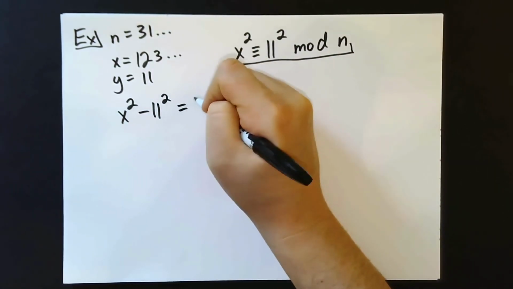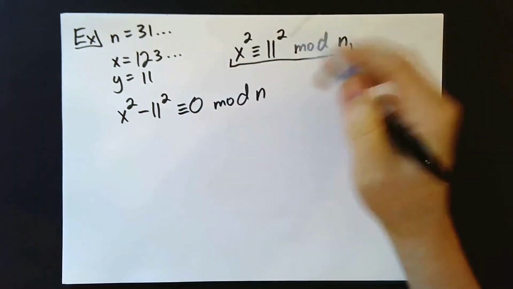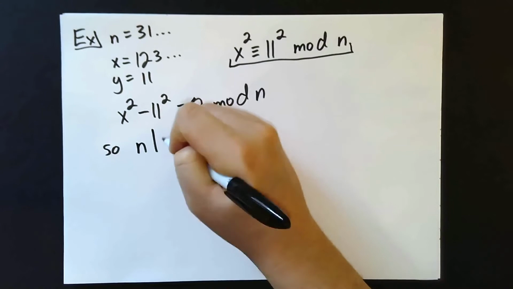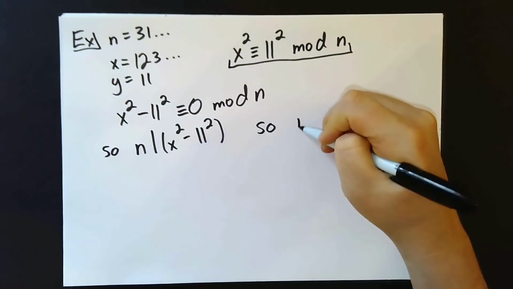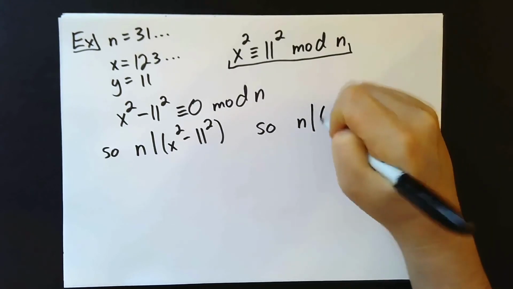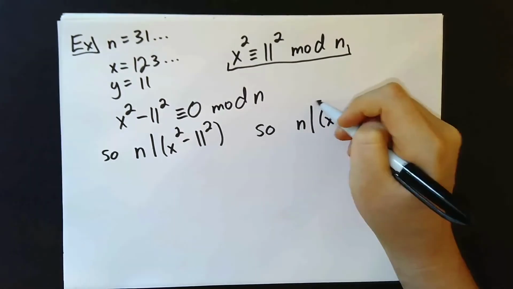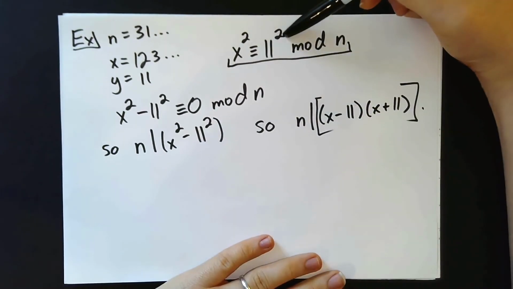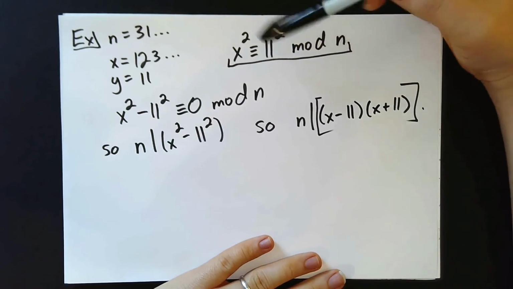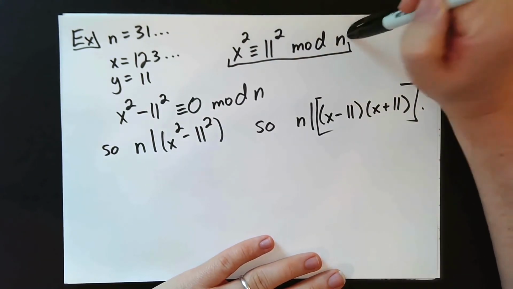So x squared minus 11 squared is equal to 0 mod n. That means n divides x squared minus 11 squared. And so via our difference of squares factorization, n divides the product (x minus 11) times (x plus 11). This is a direct result of the fact that if you square x mod n, you get the same thing as if you square 11 mod n.